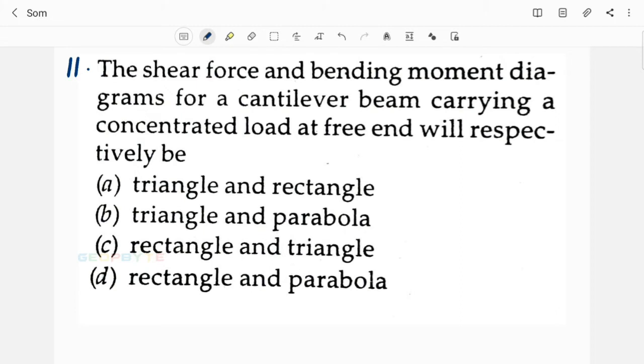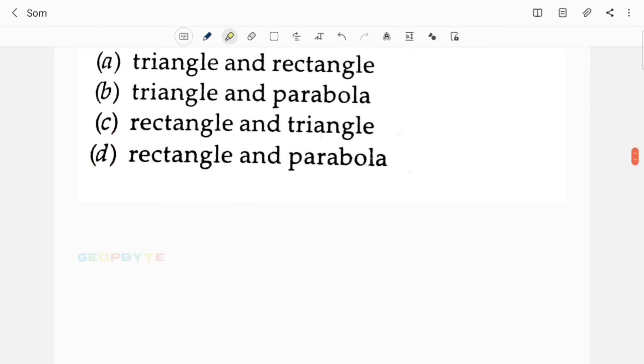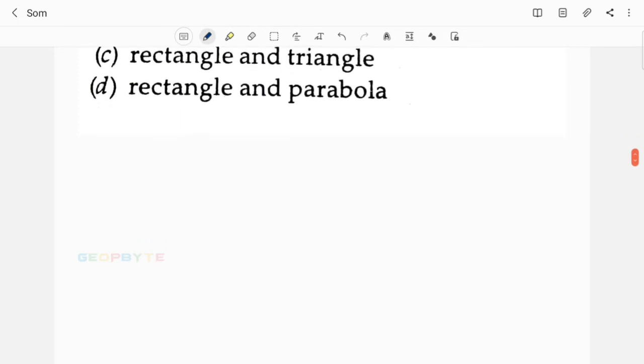Read the problem. The shear force and bending moment diagrams for a cantilever beam carrying a concentrated load at the free end will be, respectively... It is given that the cantilever beam is subjected to a point load at the free end.